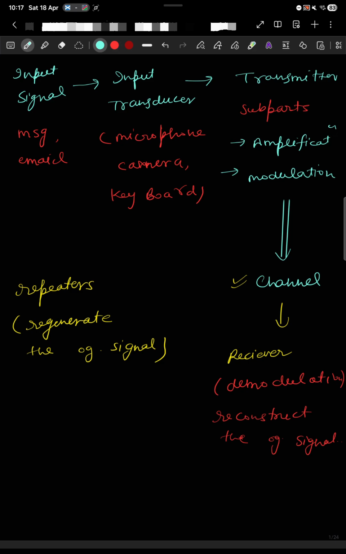Now, at the receiver end, we have output transducer. The examples of output transducer can be a monitor or any speaker.